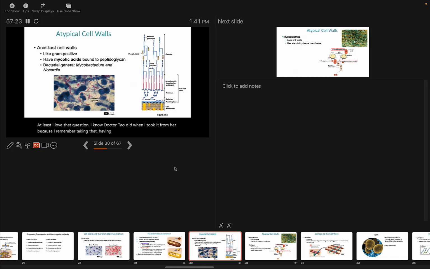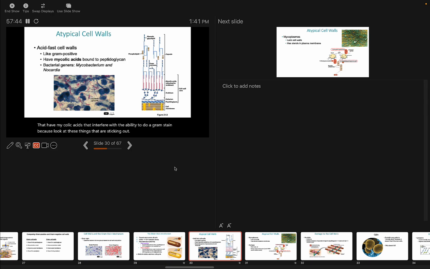But what about things that are different? Not everything is gram positive or gram negative. And we even talked about this in the staining section. We talked about these cells that have mycolic acids that interfere with the ability to do a gram stain, because look at these things that are sticking out.